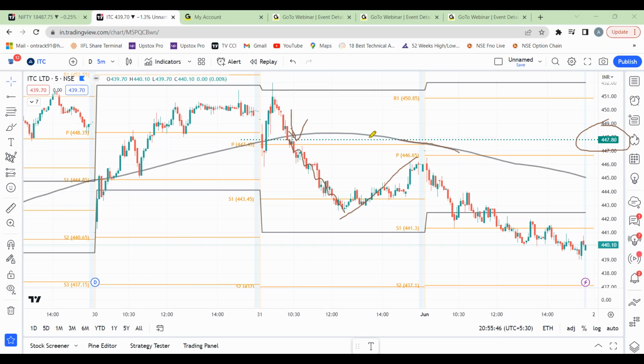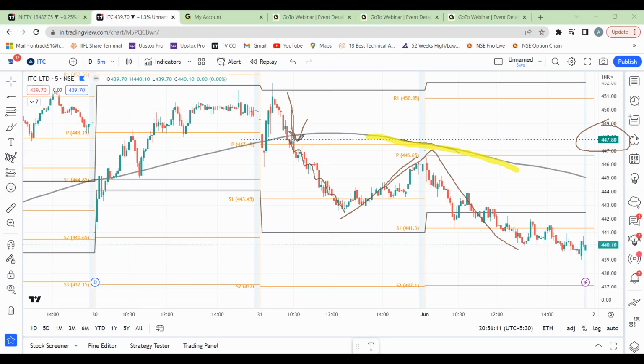Okay, see, this 200 moving average will become a resistance area now. This becomes a resistance zone. So whenever the stock moves here, again you can take an opportunity to sell.